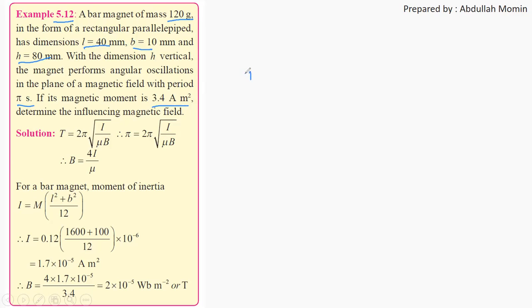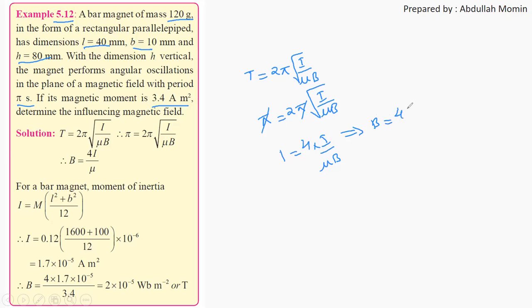Which means we are supposed to find B. We know that the time period of a bar magnet oscillating in an external magnetic field is T equals 2 pi root I by mu B, where I is the moment of inertia. So this pi and this pi will get cancelled. Squaring on both sides, we will get 1 is equal to 4 I upon mu B, or B can be written as 4I upon mu.